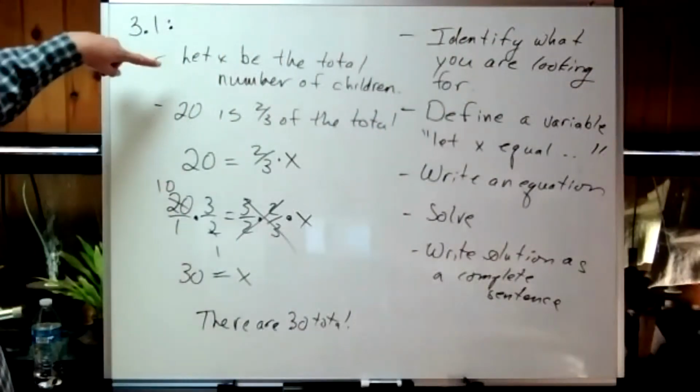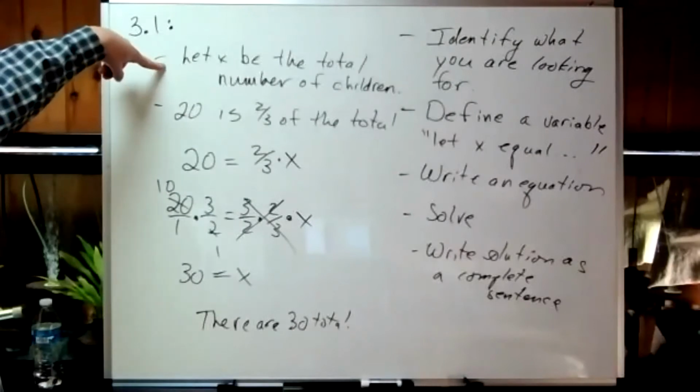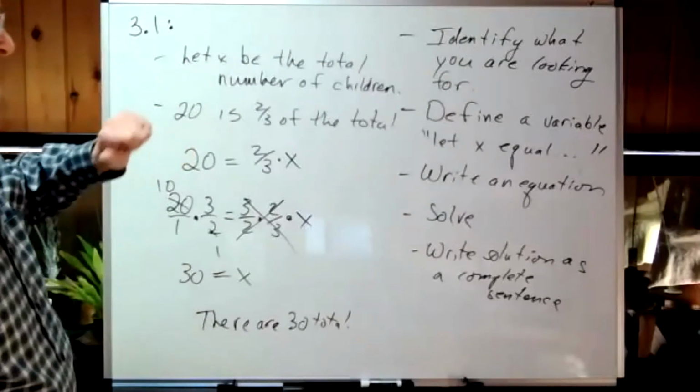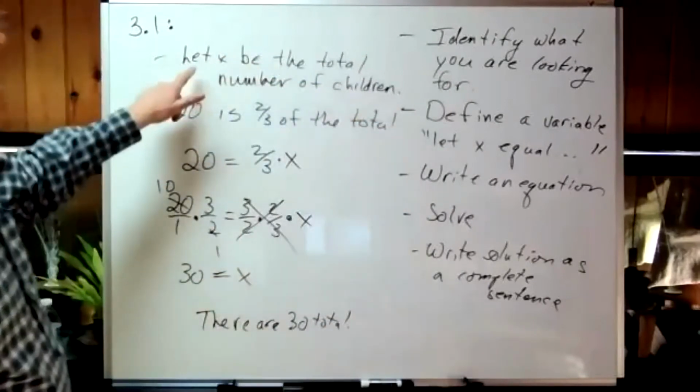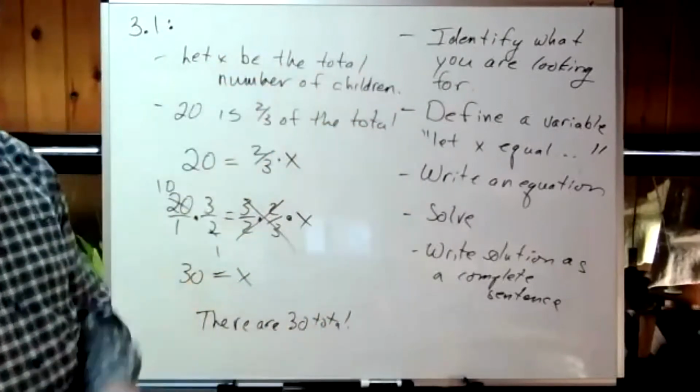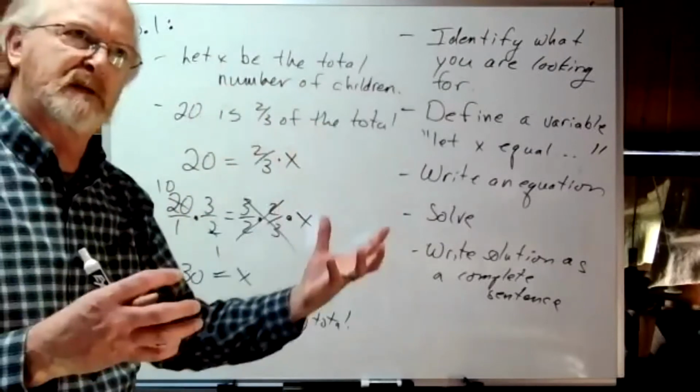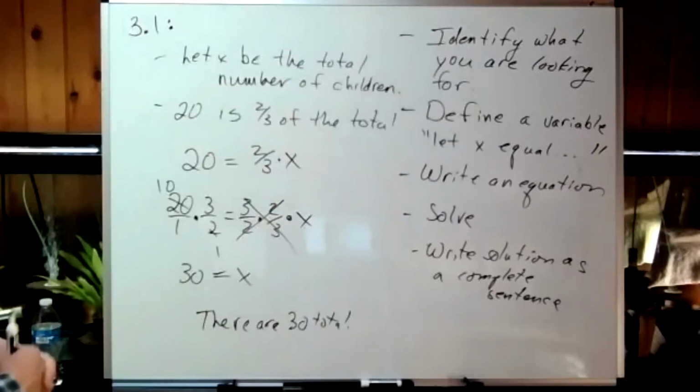But anyway, here, just talking through what I do. Identify what you are looking for. Well, we were looking for the total number of children. Define a variable. Let x be the total number of children. That was kind of my first step. Figure out what I'm looking for, and so I need something to stand for that.